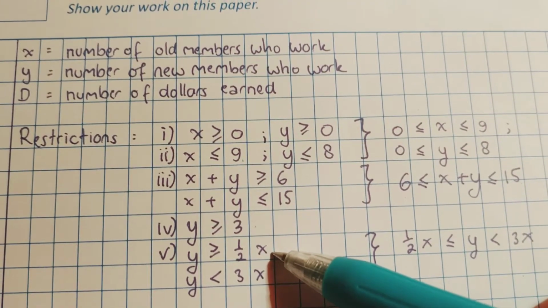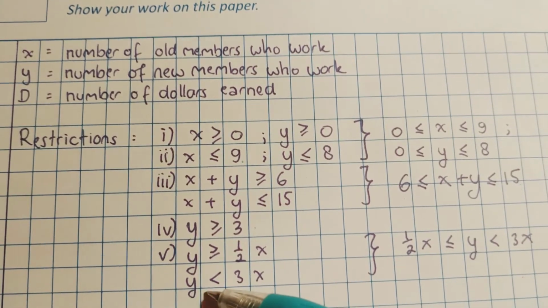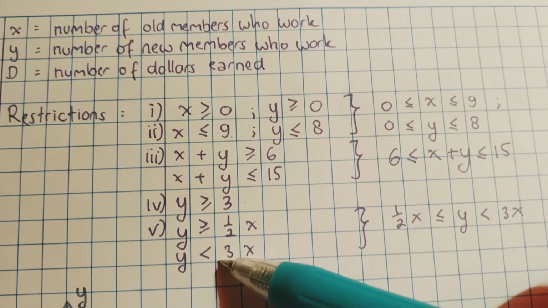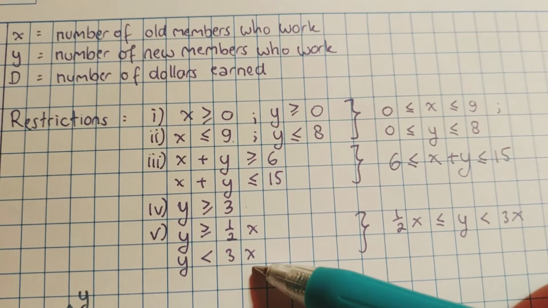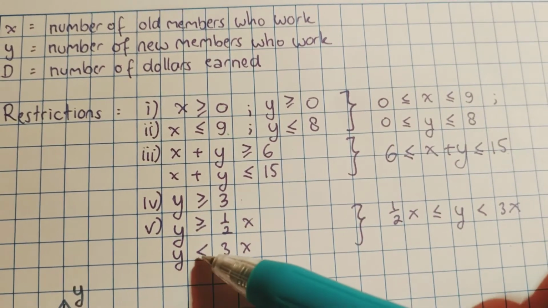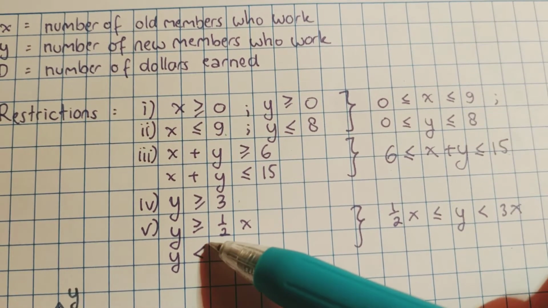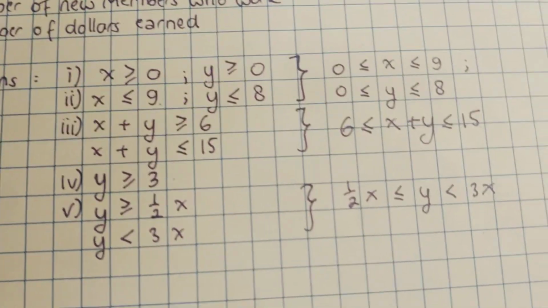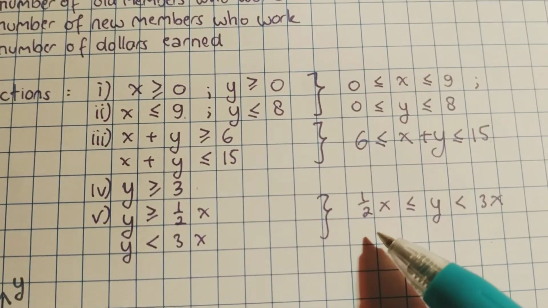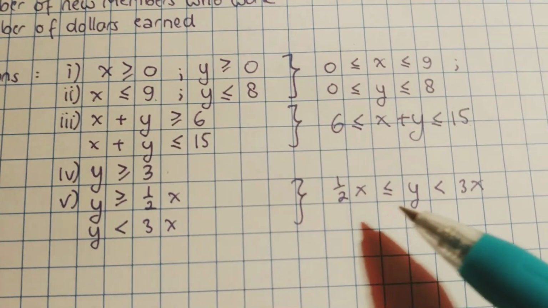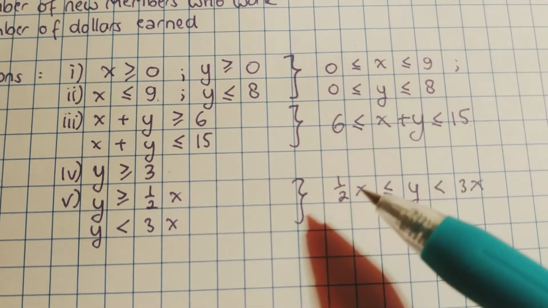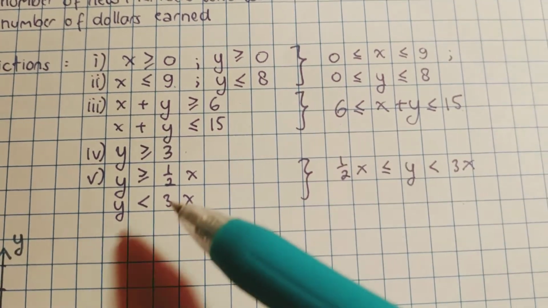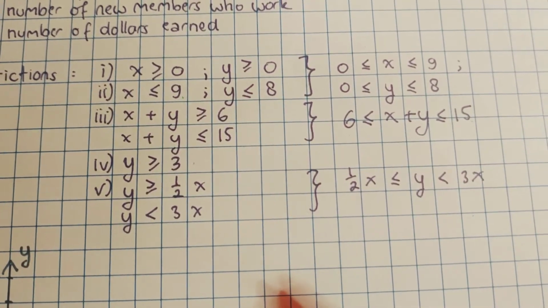And then the new members, Y again, is less than 3 times the number of old members, 3 times X. Keep in mind that if we use less than, there is no equal sign. Again, sometimes you can combine these two statements into one long statement. It's the same, but keep it separated so you can easily graph it.